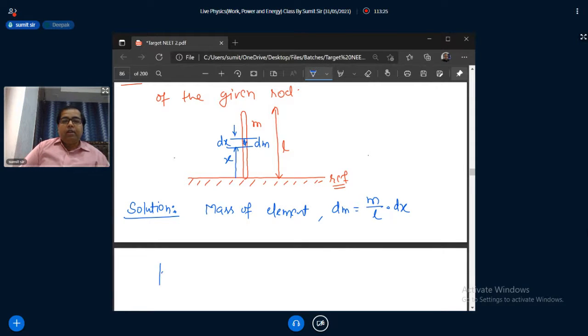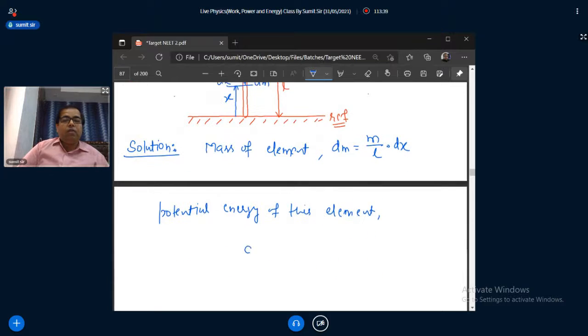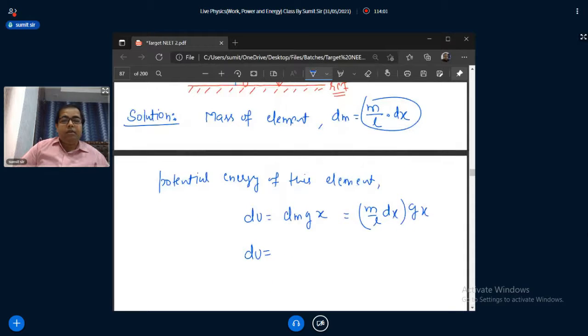So the potential energy of this element, dm can be considered as a point mass. So we can write dU is equal to mg, and m is dm: dm g, height is x, and dm is m by l dx, into g into x. So I am rearranging it, that is equal to mg by l x dx.